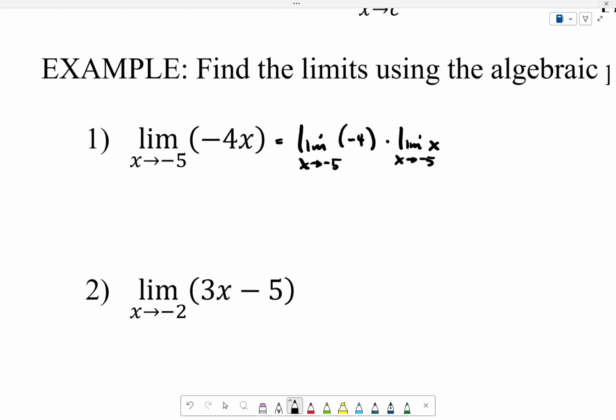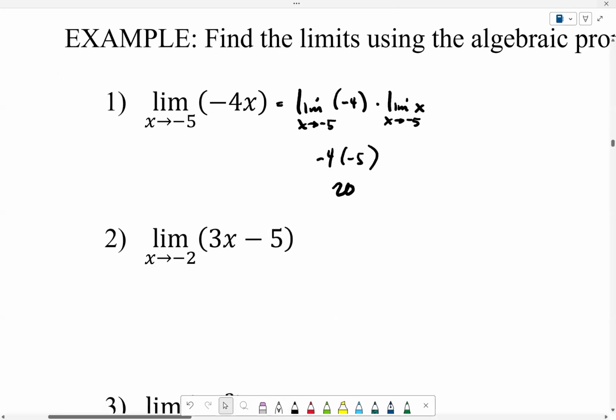You know what that first limit is? It's -4. You know what the second one is? -5. You know what -4 times -5 is? You better know. We're back to second grade for you. And that's how to do this problem.